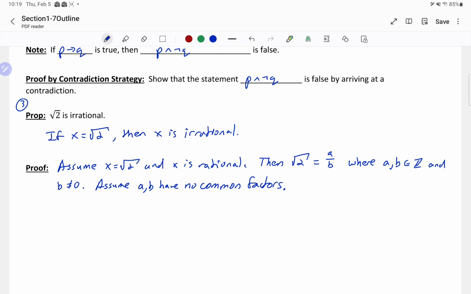So because of that, right? Because square root of 2 is equal to A over B, then A must be equal to B times the square root of 2, right? And so that tells me that A squared is equal to B times square root of 2 squared, which is 2 times B squared.